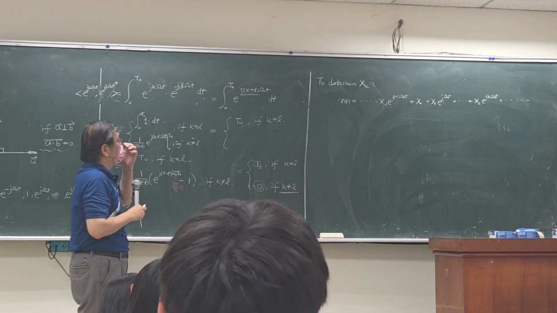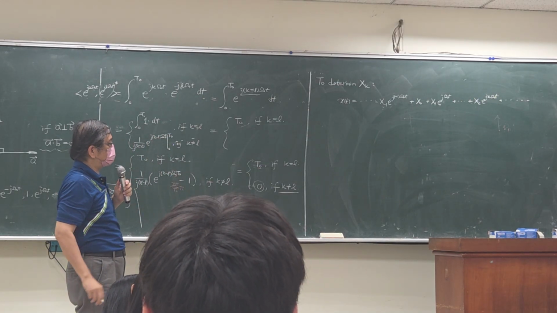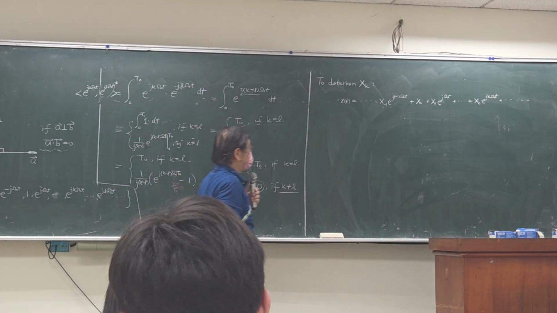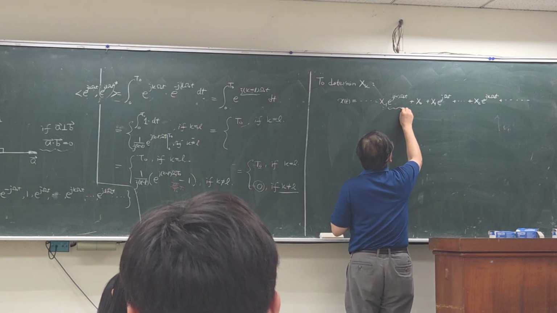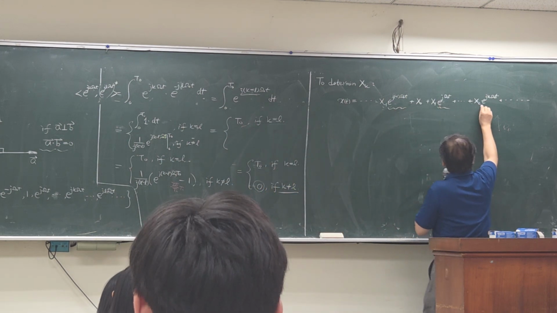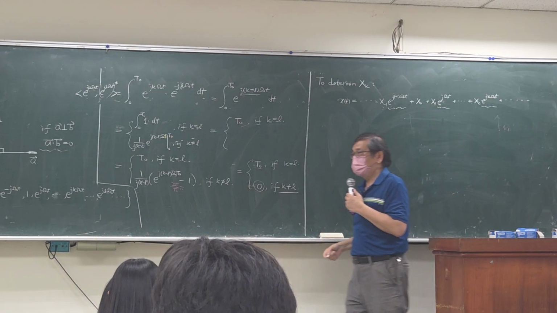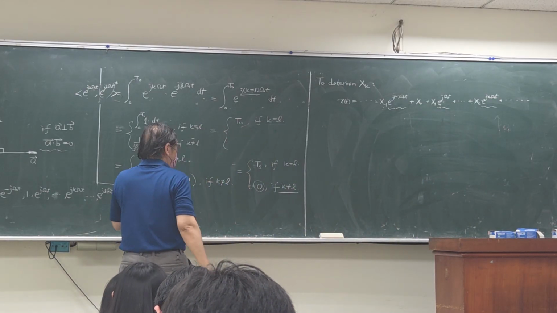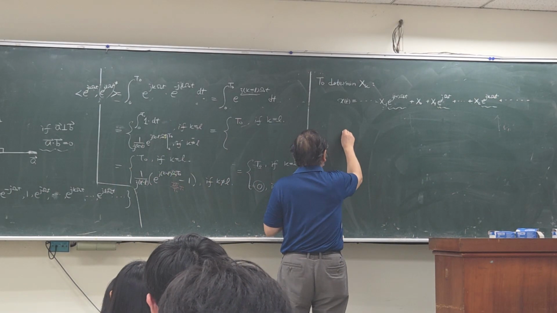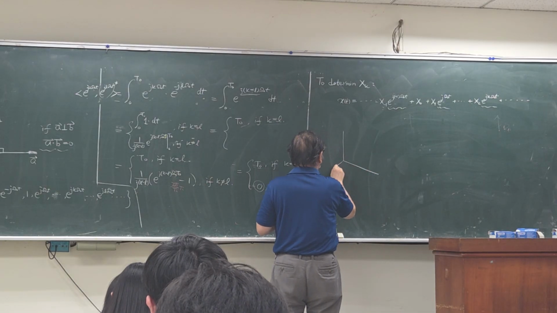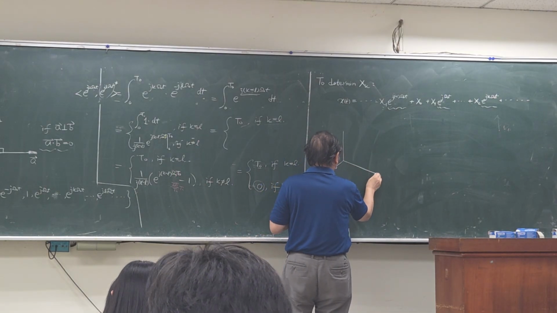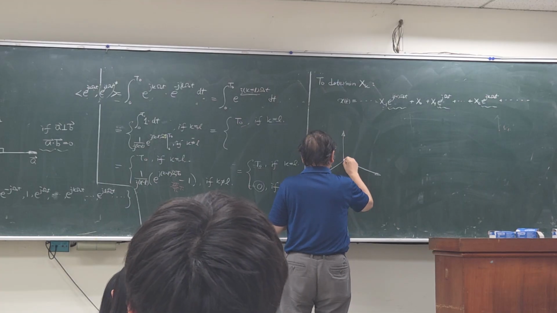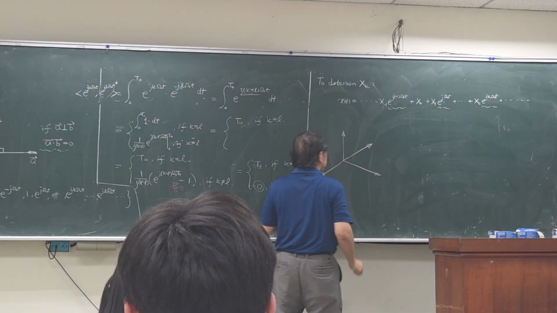Okay, so now let's write the x of t in terms of those basic functions. Now again, remember how do we find a coefficient when we want to determine the component of a vector in a three-dimensional space?